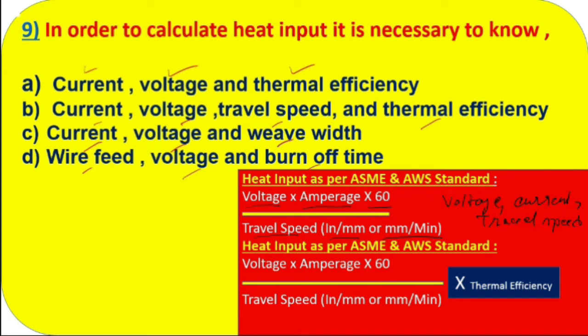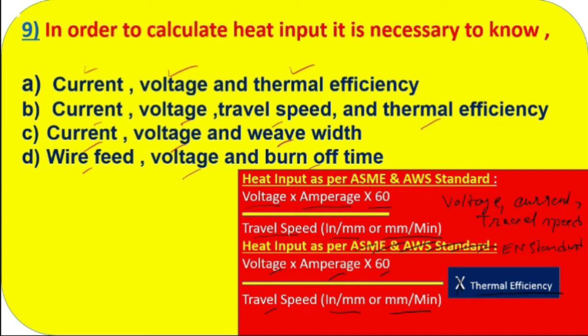Now we'll go to heat input as per the EN standard, the European standard. So heat input as per European standard: voltage into amperage into 60, divided by travel speed in inch per minute or mm per minute, into thermal efficiency. This is very important, into thermal efficiency.